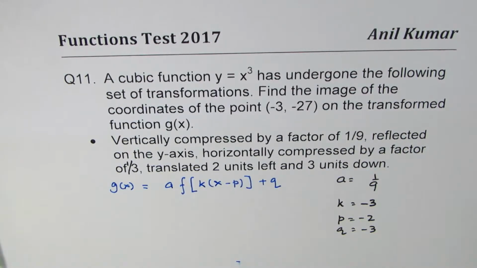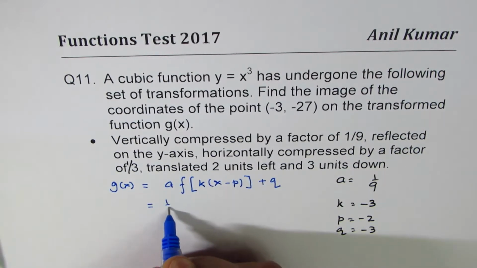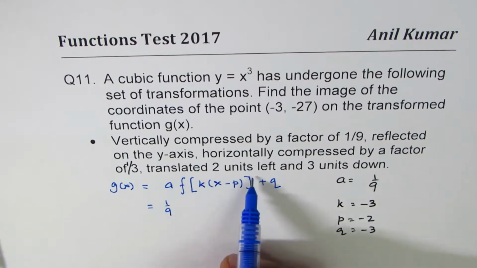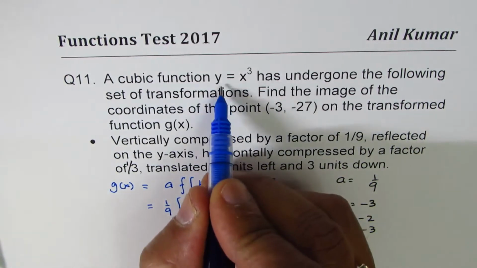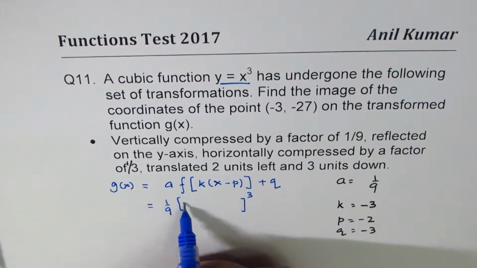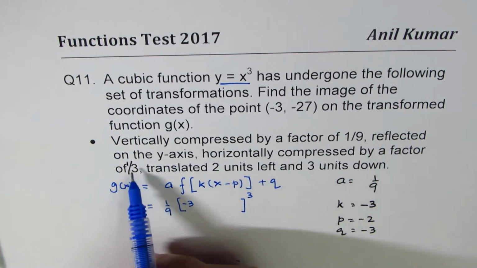Substituting these values, I hope that's very clear, we get our function as 1 over 9 times f. Now the function is cubic, so I'll replace this part with cube here, since we are given y equals x cubed is the function. K is minus 3. That will ensure horizontally compressed by a factor of 1 over 3.